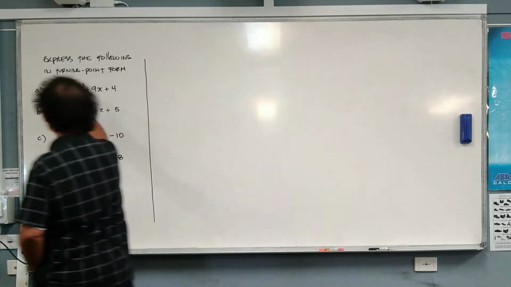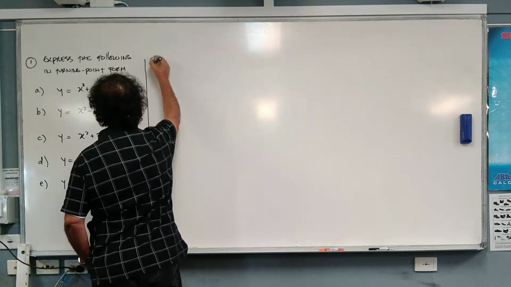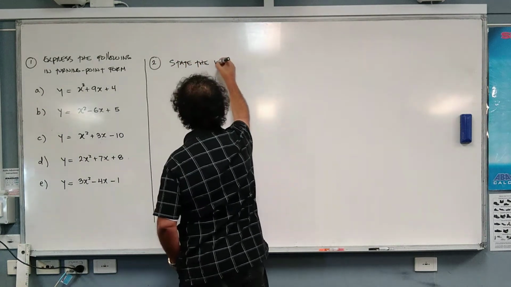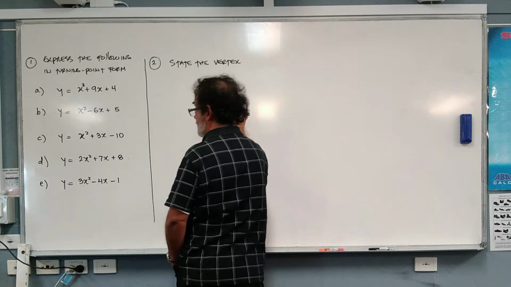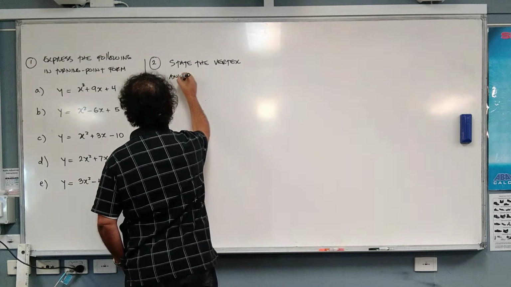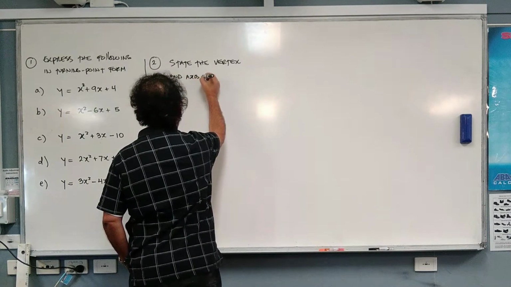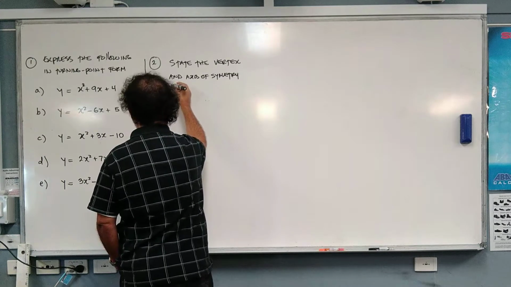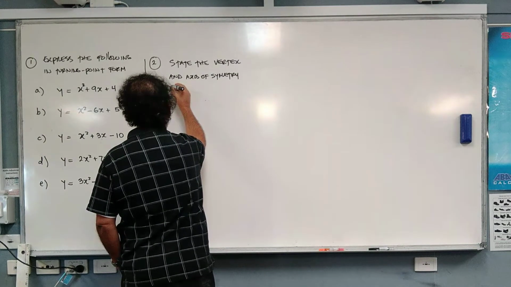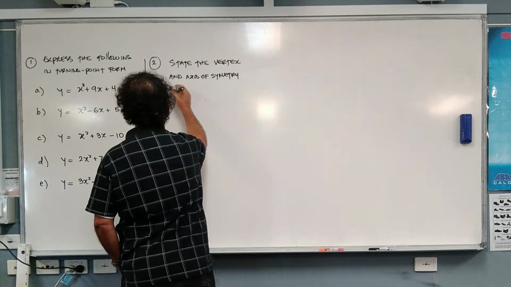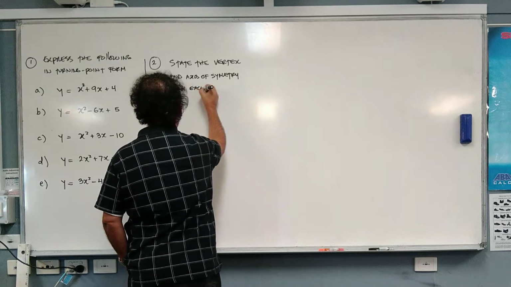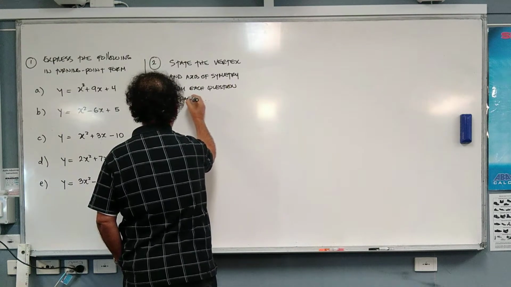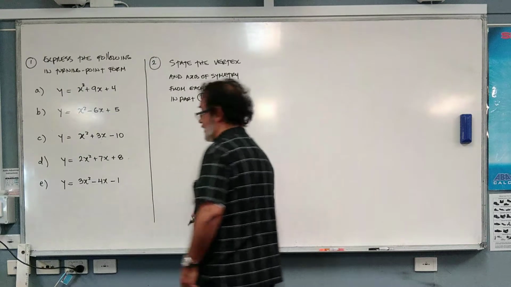So that is part 1. Part 2: state the vertex and axis of symmetry from each question in part 1.